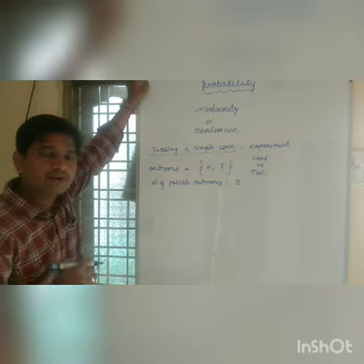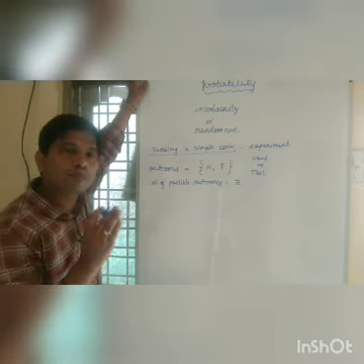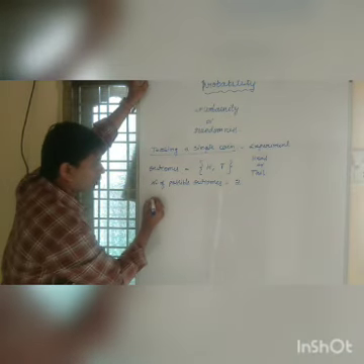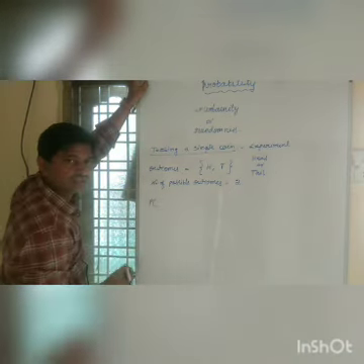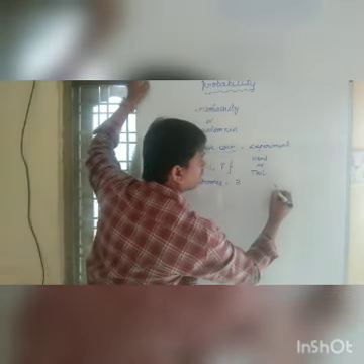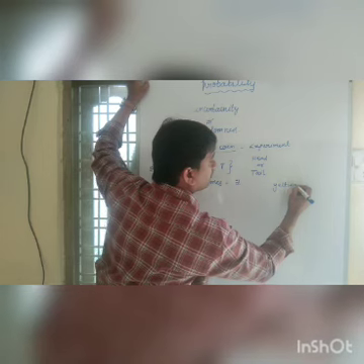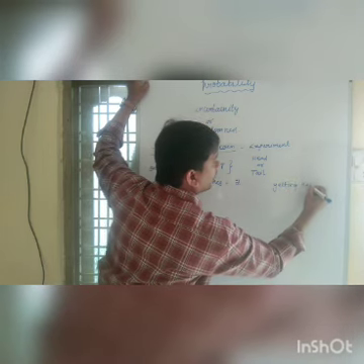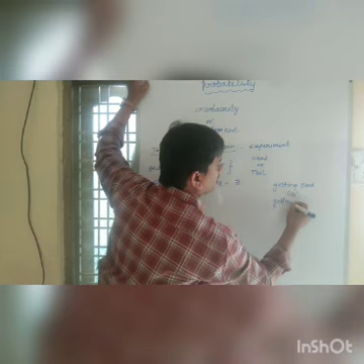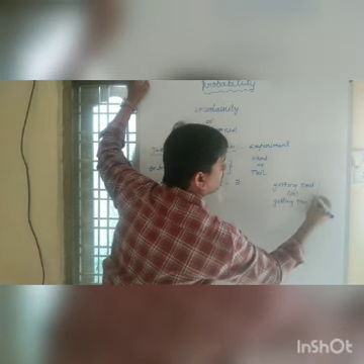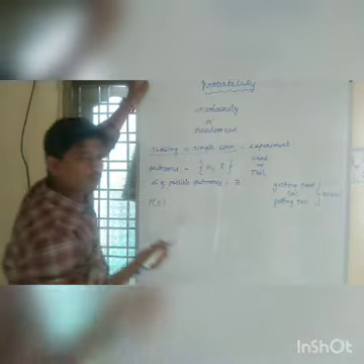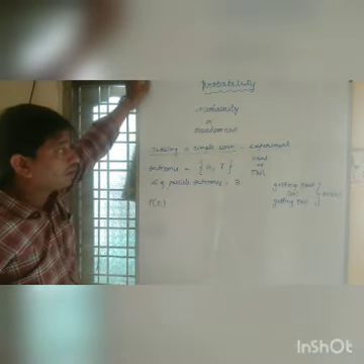Now our question is, what is the probability of getting head? Children, here getting head or getting tail is an event. Try to understand the terminology.